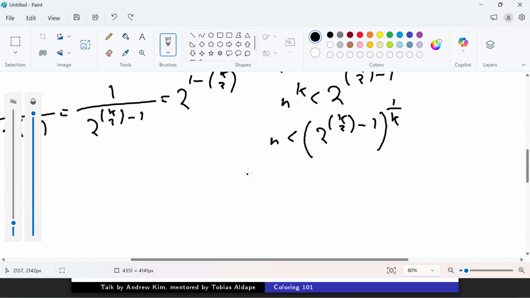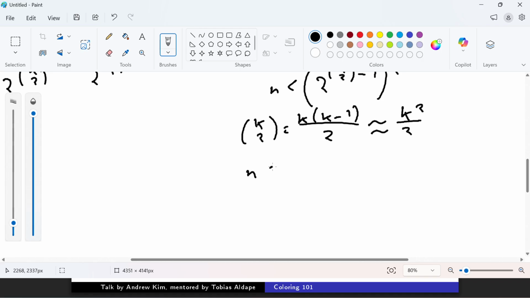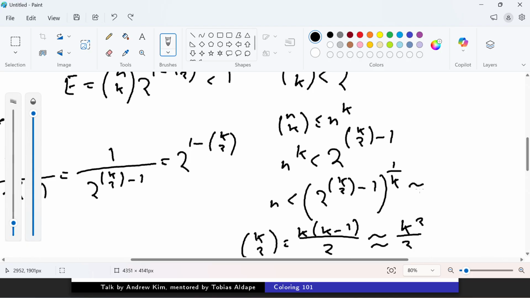Well, recall that k choose 2 is equal to k times k minus 1 over 2, and that grows about as large as k squared over 2. So that means that this bound is approximately 2 to the k squared over 2.